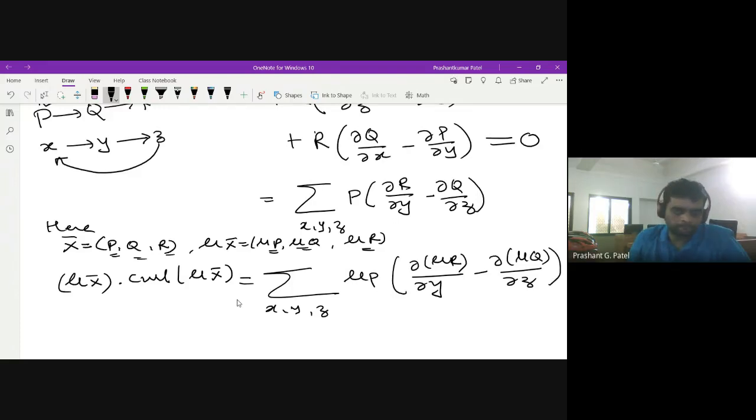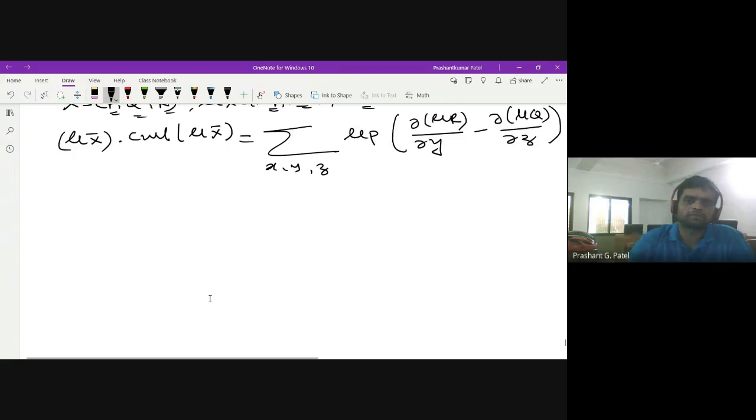So this summation means there are three terms. Now, to do this one, we have to differentiate the terms inside the bracket, because there is no problem with the first one. Here you have to apply the product rule, because μ is also a function of x, y, z, and it is a differentiable function.